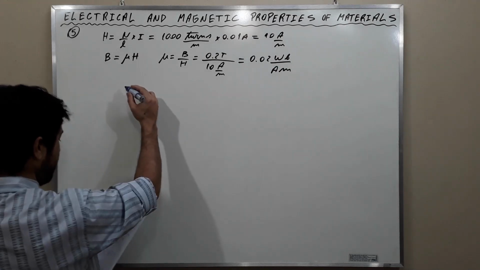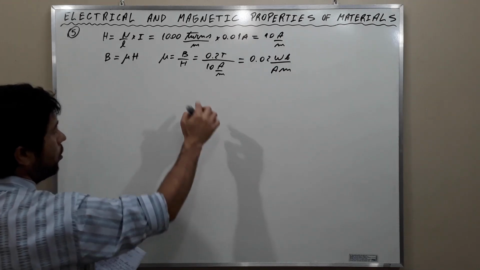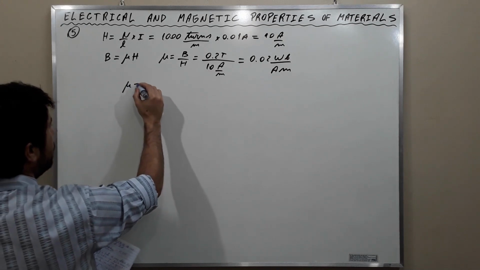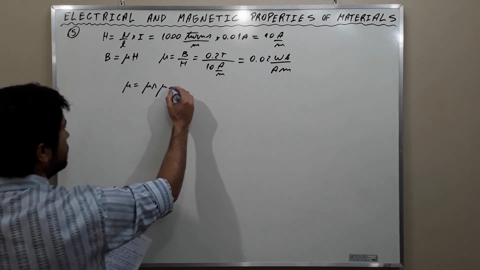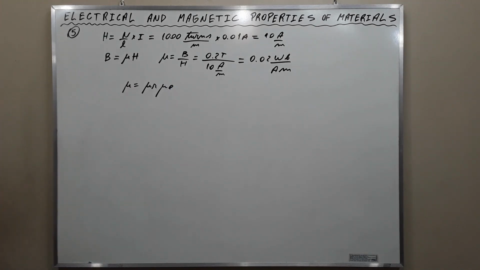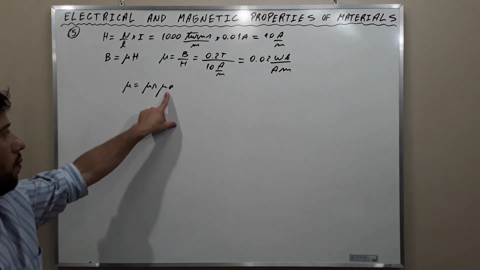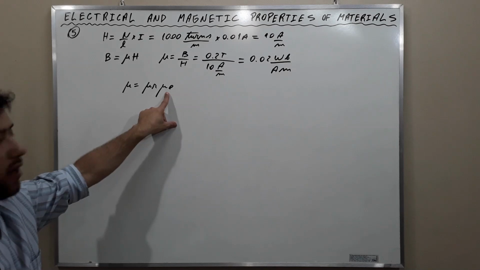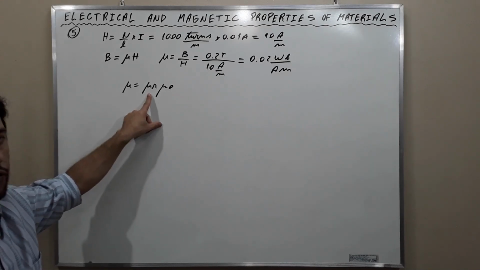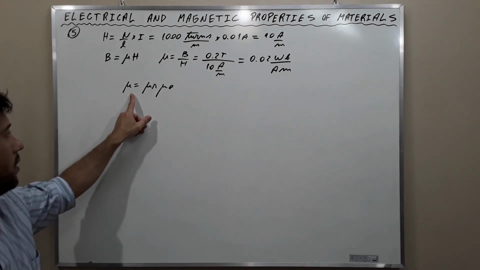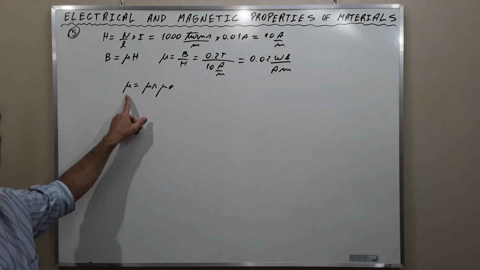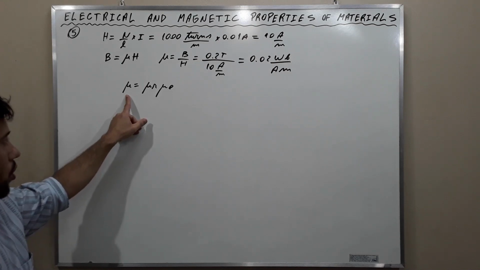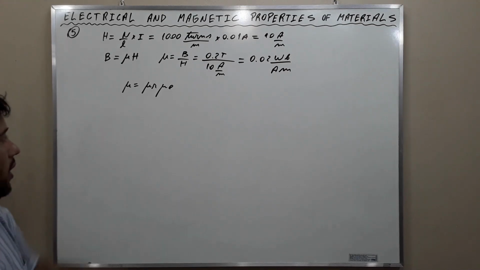We know that mu is equal to mu r times mu O. This is the magnetic permeability of free space, and this is the relative permeability of the core material, and the multiplication between them gives the permeability of the material, or permeability of the core.